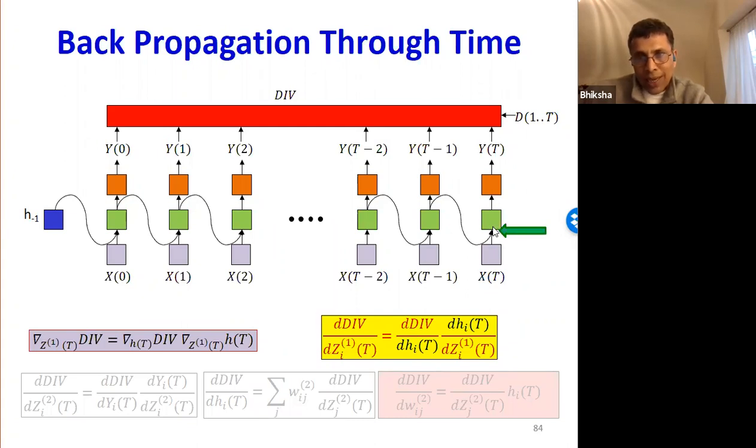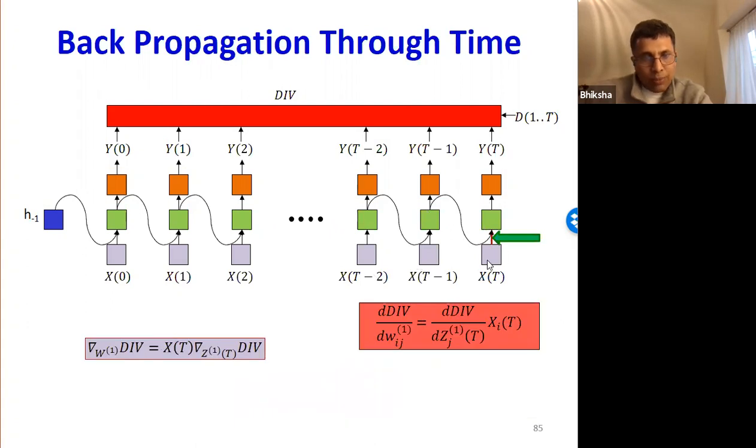And now I can take a step back and compute the derivative with respect to the affine value of the hidden layer, which is Z1 of t. And for that, I just post-multiply the derivative for h_t by the Jacobian of the activation function over here. And now I can compute the derivatives for the weight matrix at the input, which is simply going to be x of t times the derivative with respect to Z1 of t.